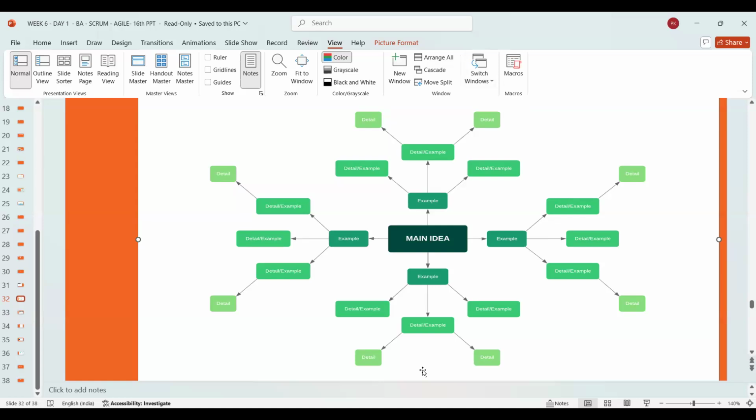This is an excellent way to brainstorm any new ideas. Why do we use it and when do we use it? We use it basically to ensure that we can capture maximum ideas or output on any particular new concept, new technology, or new initiative that you want to do as a team or as an organization.